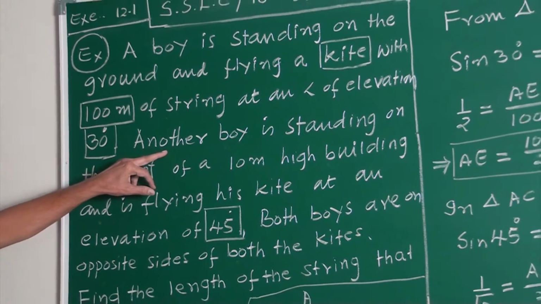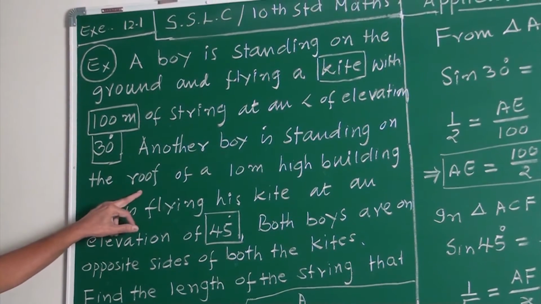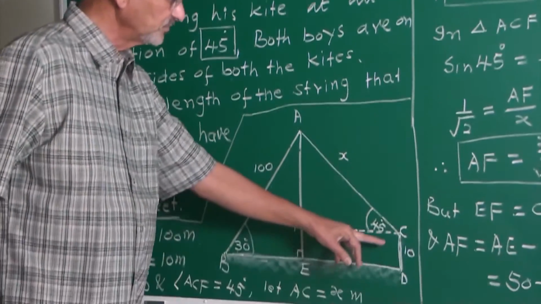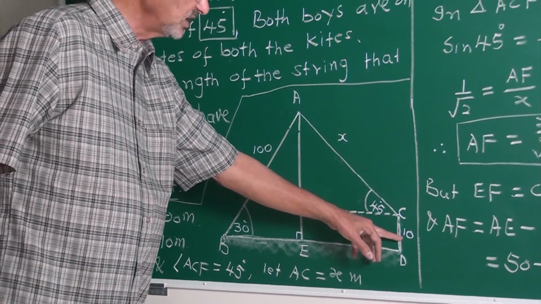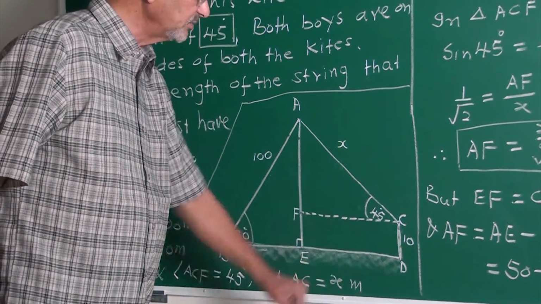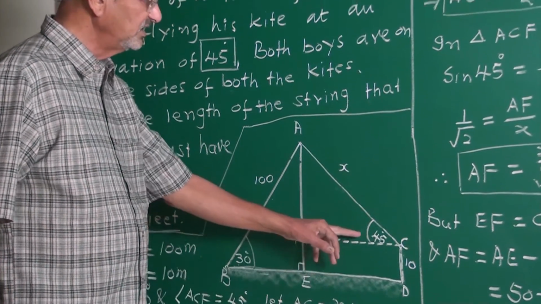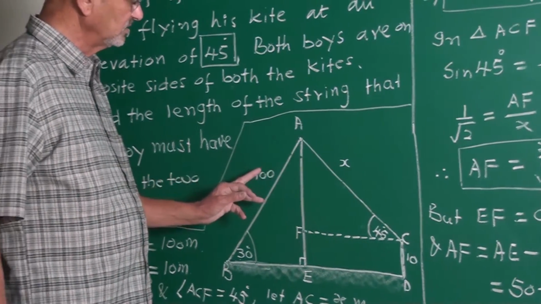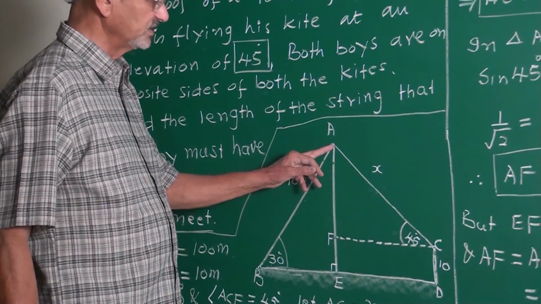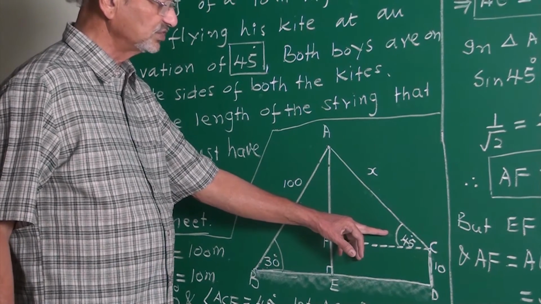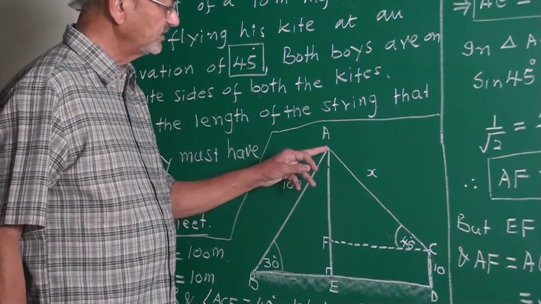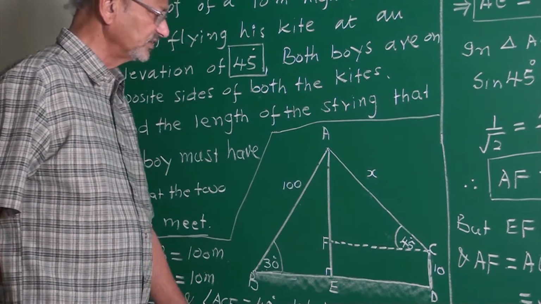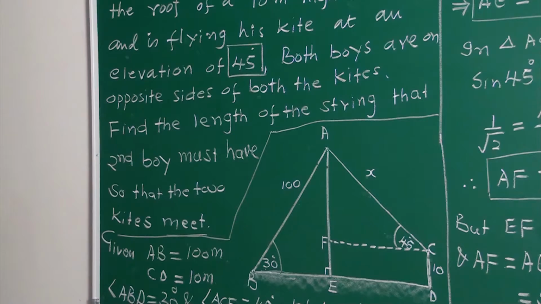Another boy, the second person, is standing on the roof of a building whose height is 10 meters. When both kites meet here, his angle of elevation is 45 degrees. You want to find the length of this string AC.